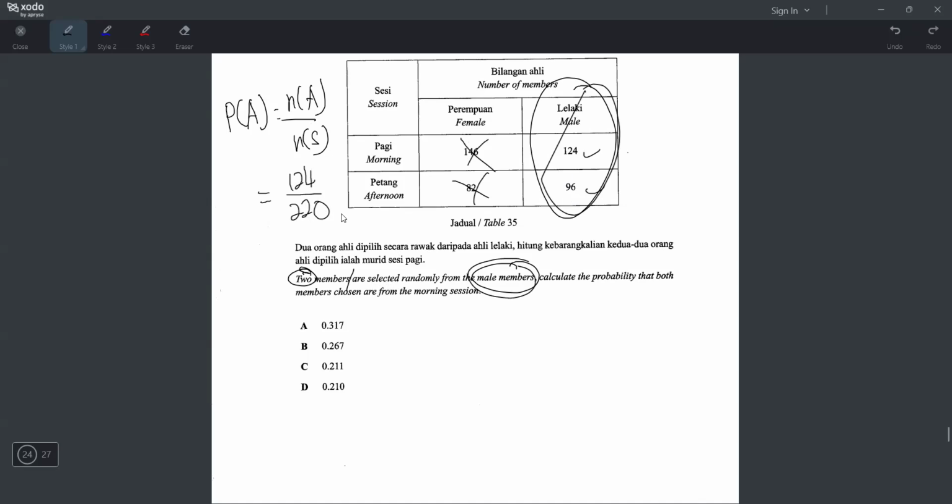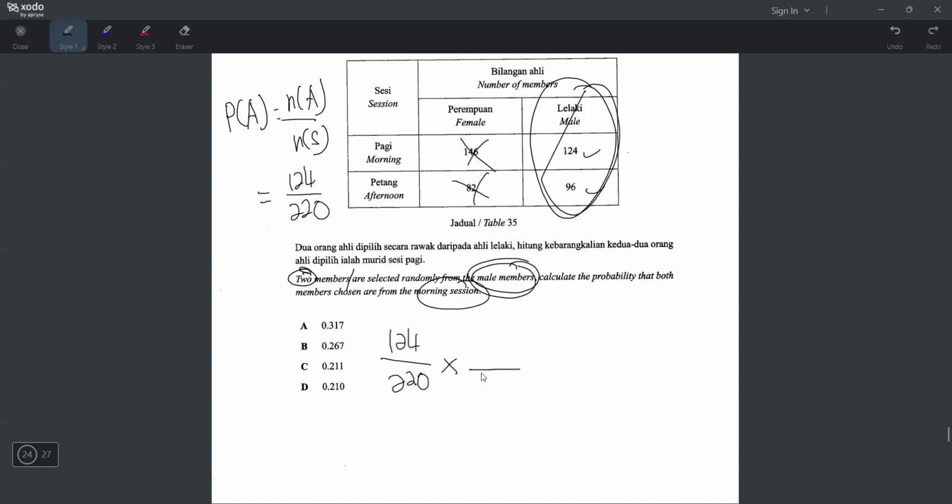But this is not your answer. Let me tell you why. Because they say two members are selected. Calculate the probability that both members are from the morning session. So this probability is the probability of selecting the first student. This is the probability of selecting the first student for morning session, right? But you have to choose two members. You have to make sure both members also.